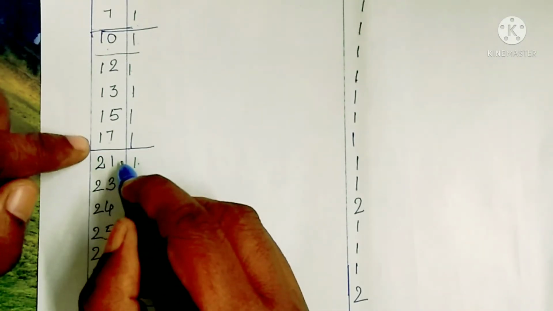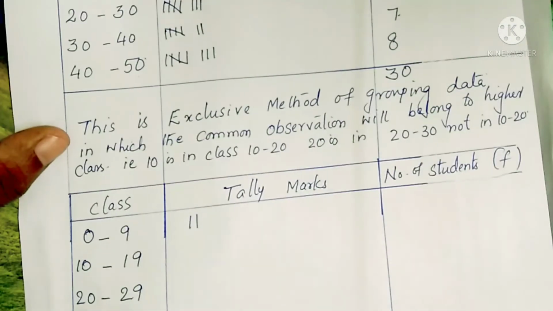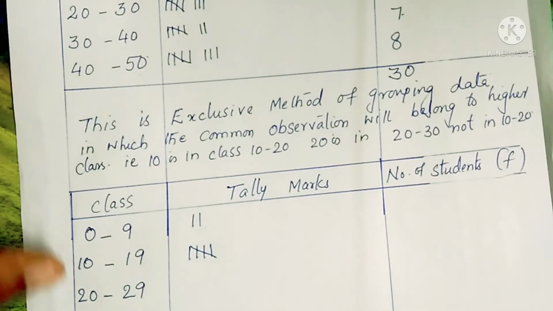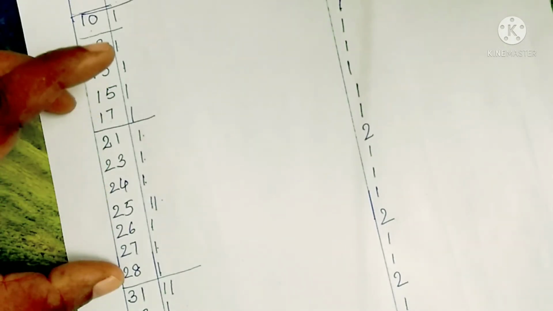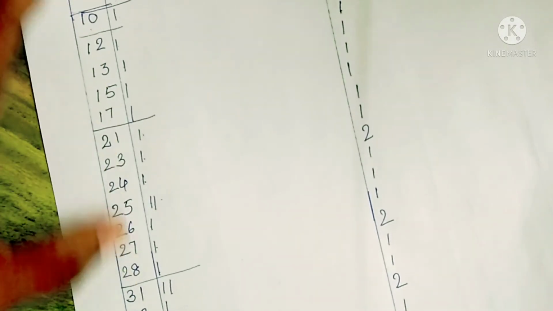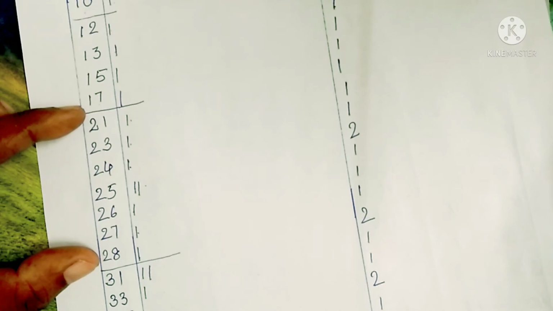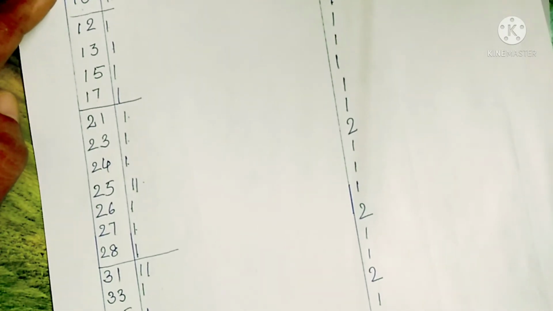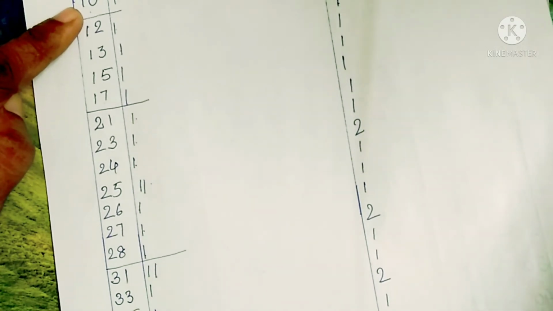Now 10 to 19, see here 10 to 19, it is the same, so no change, it will be 5. Then 20 to 29, also there is no change, because see why there is no change, children, here there is no 0 ending marks, only 10 is there. So 10 we have taken in the second number, so there is no change here.